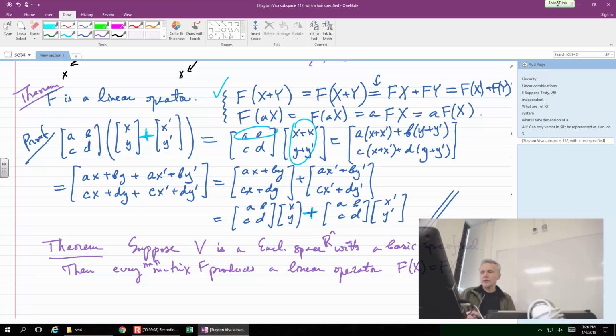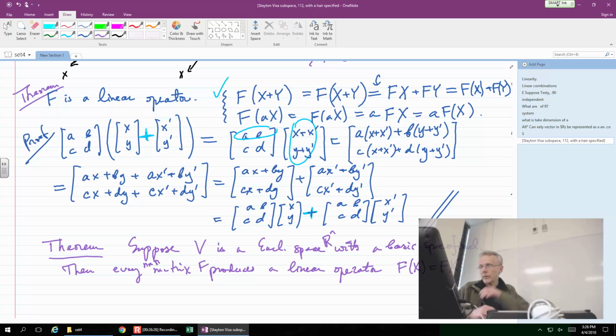Suppose we have a Euclidean space Rn, and with the basis specified, we pick any matrix n by n, arbitrary. We multiply x by that matrix. Altogether, that will give us a linear operator.